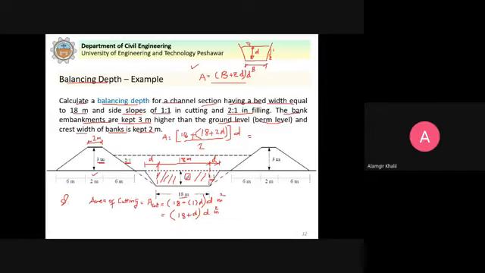So we are left with just 18 plus D, into D. You can see that this is the same expression as we get using the formula here. So either you use this formula or this one, you get the same result.